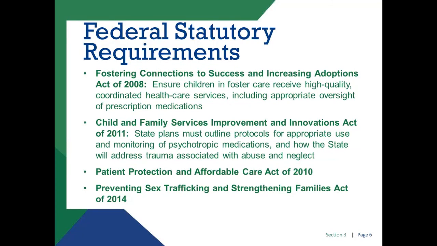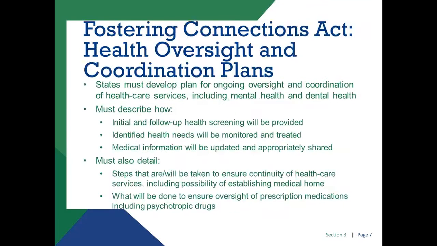So going back to Fostering Connections, the Act requires states to develop a plan for the ongoing oversight and coordination of healthcare services, including mental and dental health. The states, under their Title IV-B plans, had to develop the plan in cooperation and coordination with the state Medicaid agency and in consultation with pediatricians and other health experts.